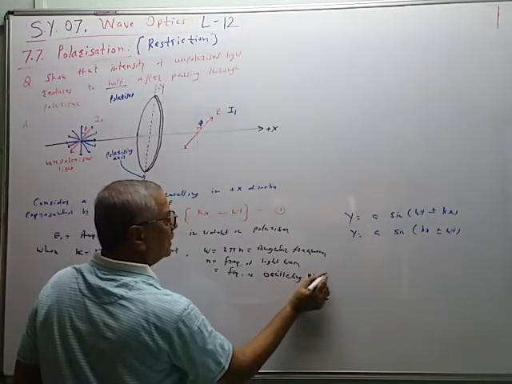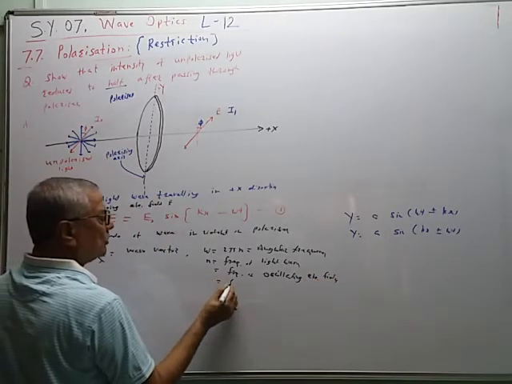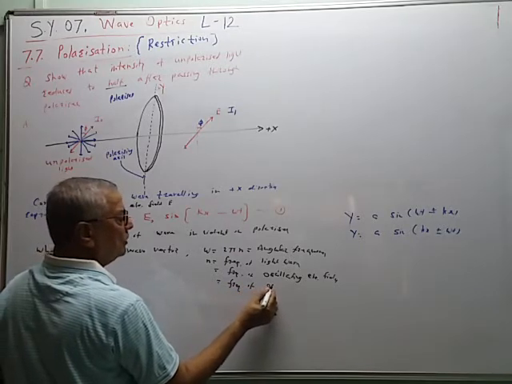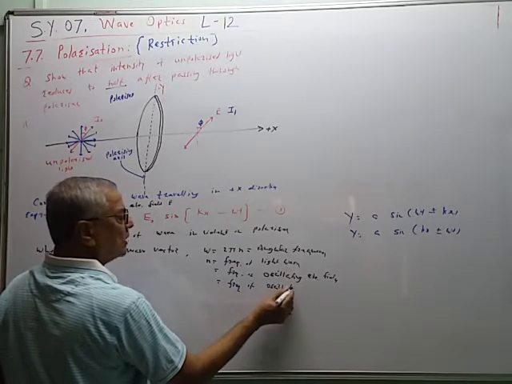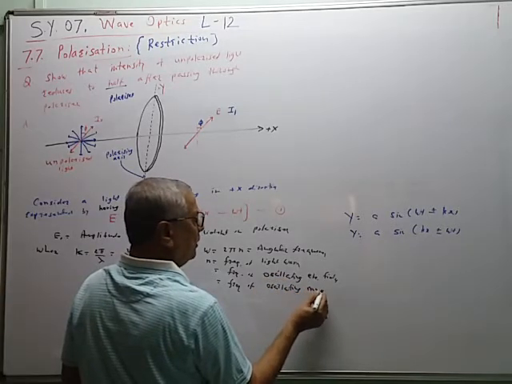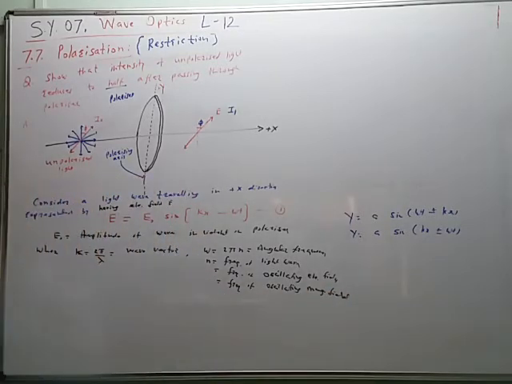Electric field and magnetic field both are oscillating fields. They are alternating fields. Both are having the same frequency, same phase, like this.